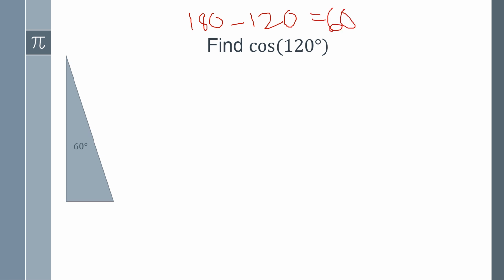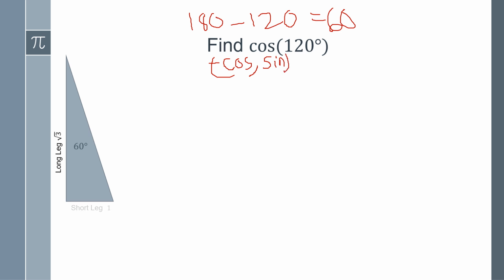So now we got to find cosine of 120. And we also know, because 120 is in quadrant 2, that cosine, your x value, is going to be negative, and your y value, sine, is going to be positive.